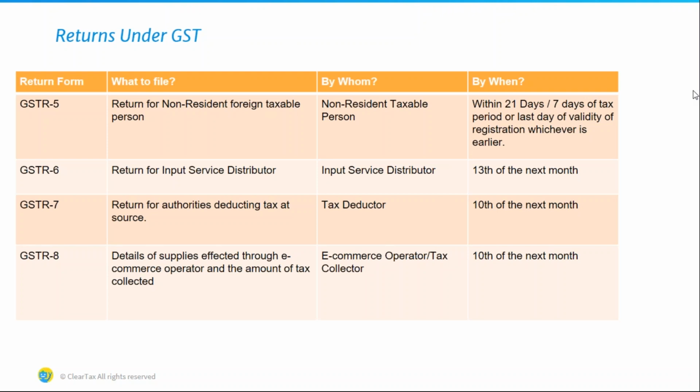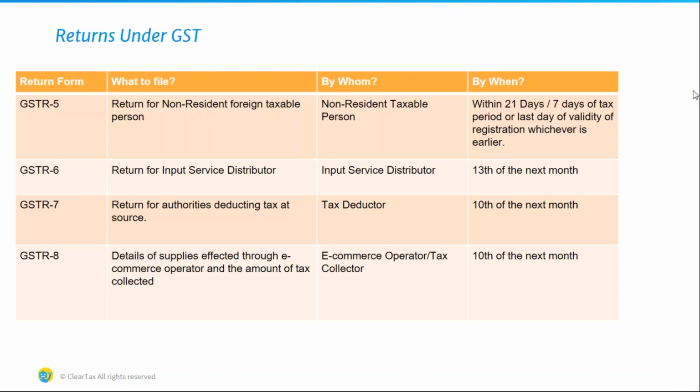On that note, GST Council has introduced GSTR 8, for e-commerce operators. Again, these operators could be individuals who are maintaining their own platform and carrying out e-commerce activities, or large marketplaces such as Amazon, Flipkart, wherein multiple sellers are registered and they are directly selling to customers.